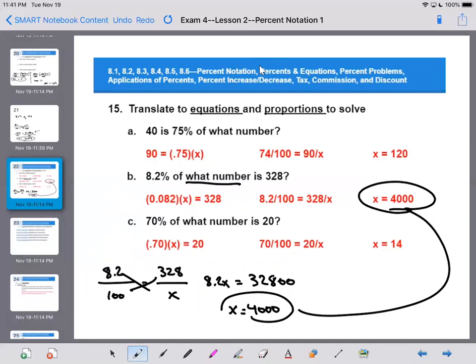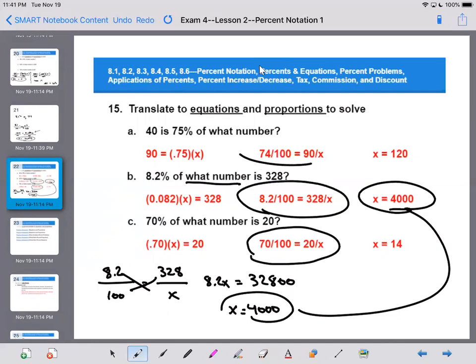So use a proportion, or you can use the equation method, but I want you to see that here and here and here represent how you would set it up in a proportion, okay? So here would be 74 divided by 100 is equal to 55 divided by x. Part B would be 8 2/10 divided by 100 is equal to 328 divided by x.